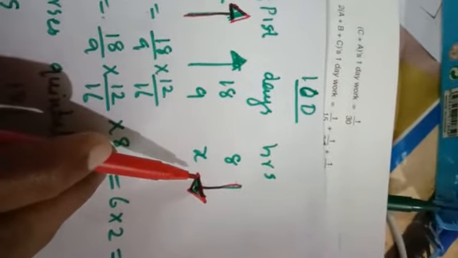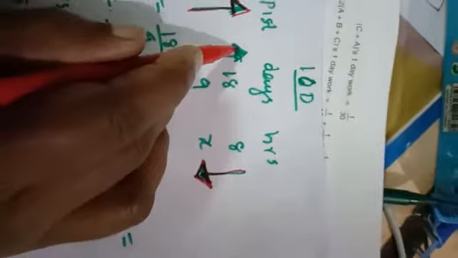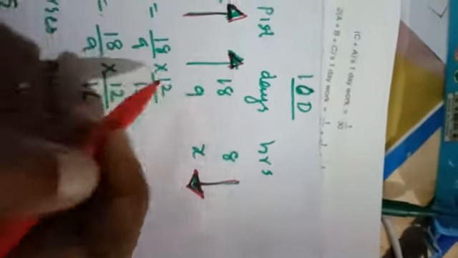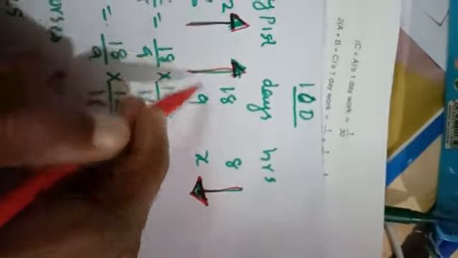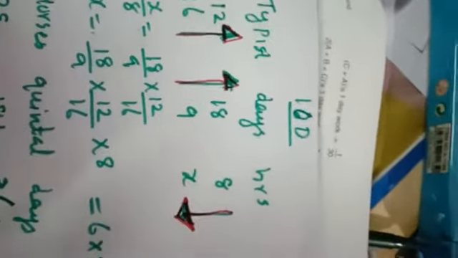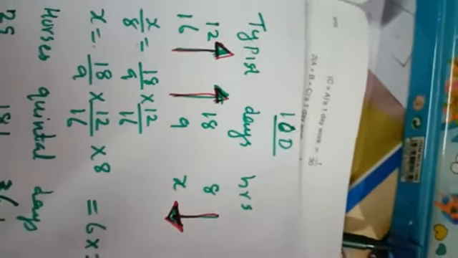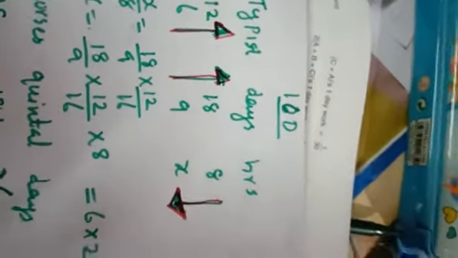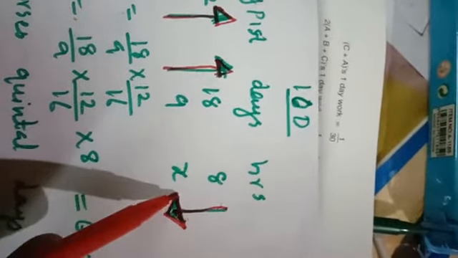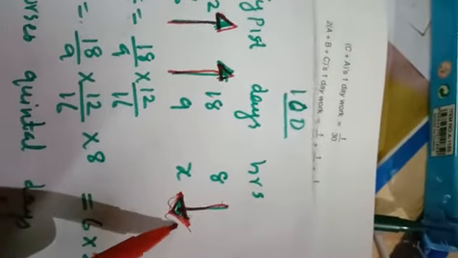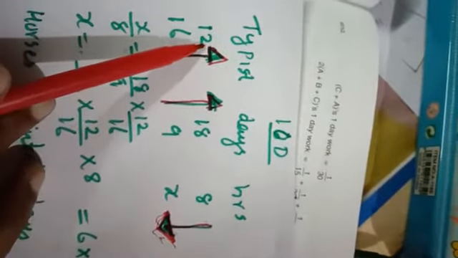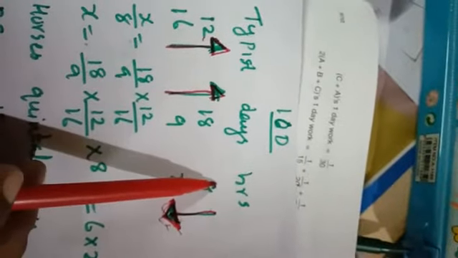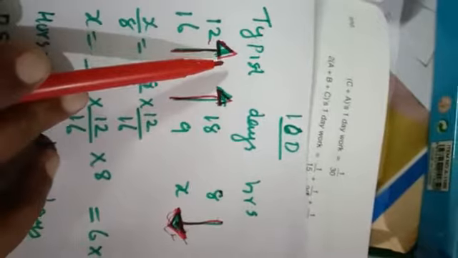So the opposite of the downward arrow, that is upward. Clear? See once again: typists, days, hours. Typists and hours are in inverse variation. This is downward: x we want to find, so near to x you put the top of the arrow. If more typists are there, they can finish within a very short time, so this is an inverse variation, so upward arrow.